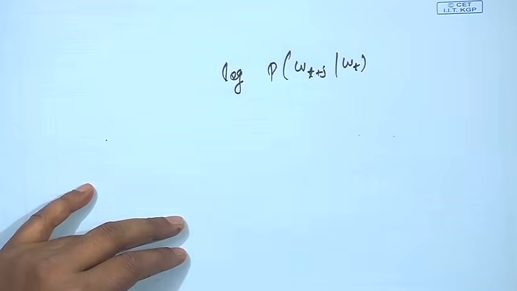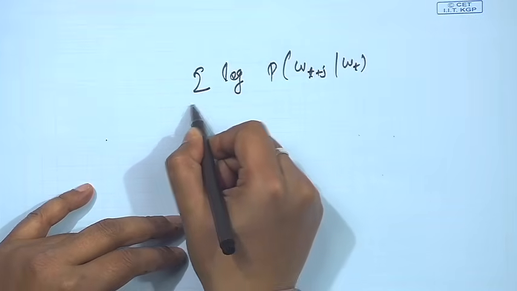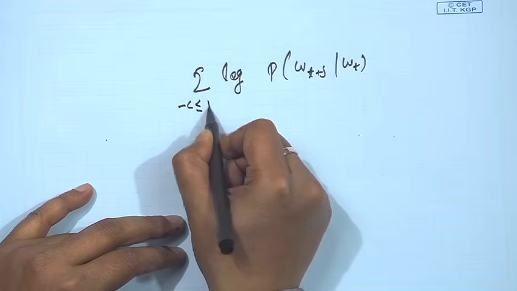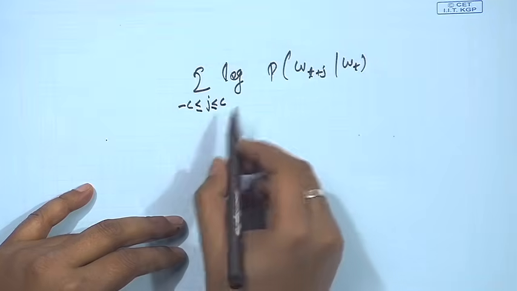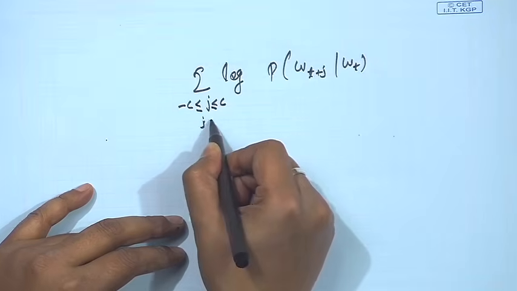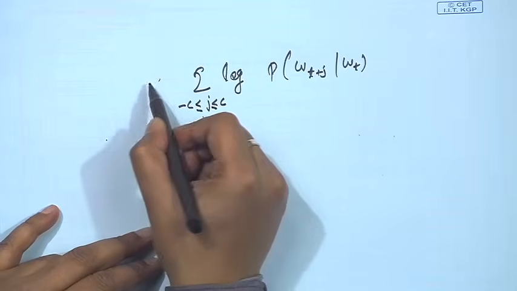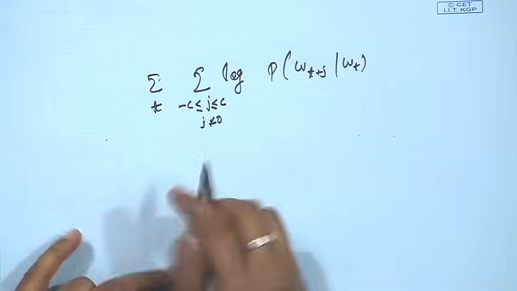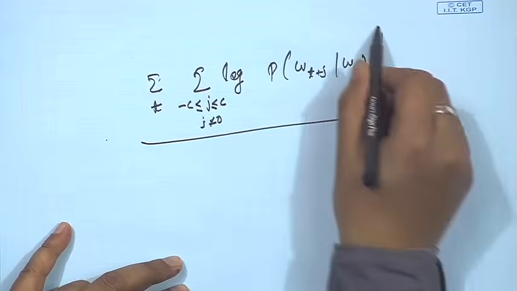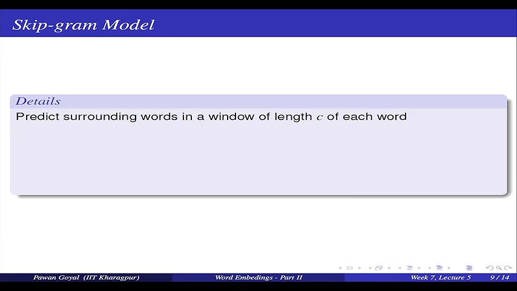So W t is the center word, and I am going from minus c less than or equal to j less than or equal to c, a window of size c around the center word, and j is not equal to 0. And this I can do for all possible center words, and this becomes my training objective. Okay, so we will see that.